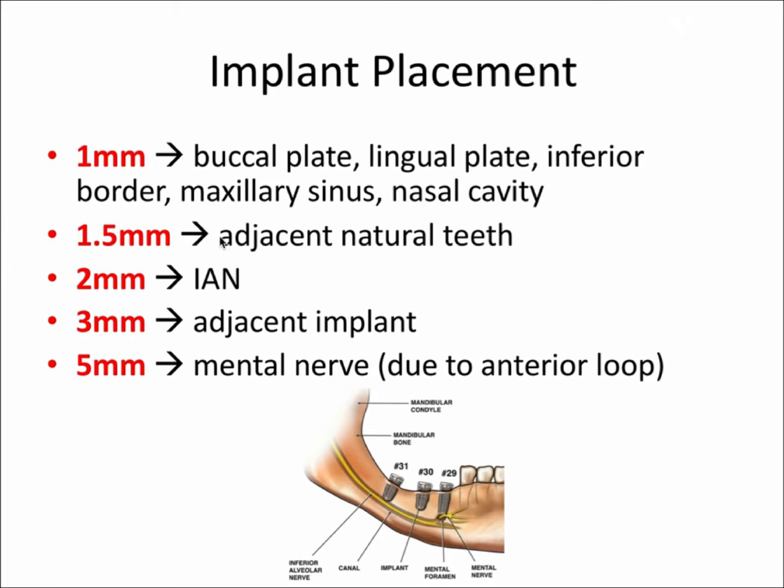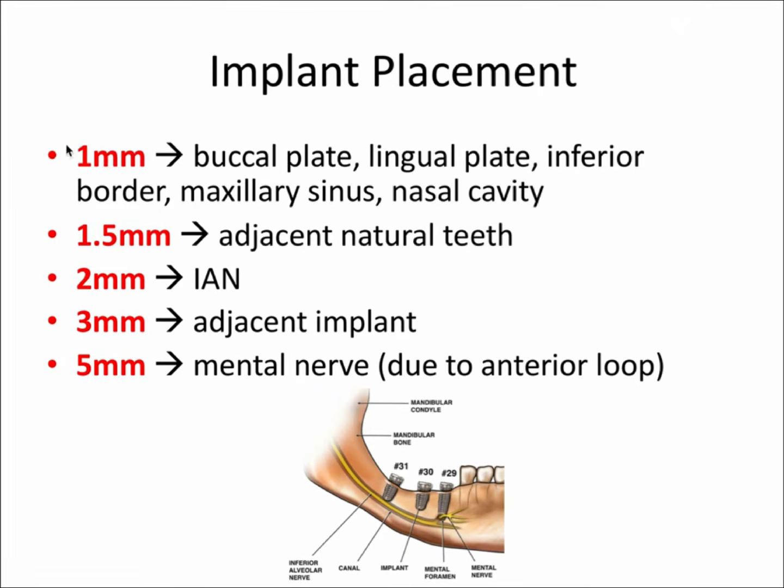Oh, here's another great slide. I would put red text on this entire slide if I could, because this is probably the most valuable information in this whole video for the board exam. Where to place an implant and what numbers to remember for staying away from certain structures and being careful where to place them.